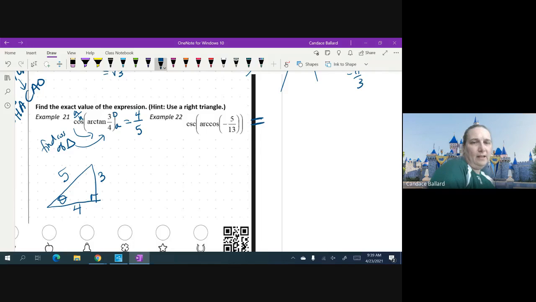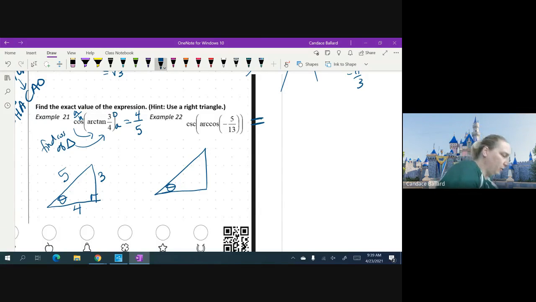Looking at this one, in SOHCAHTOA world, what's the cosine? What divided by what? We're looking for cosine.